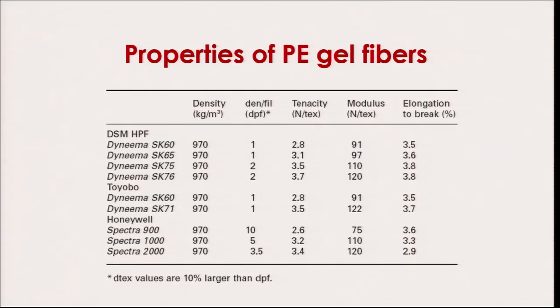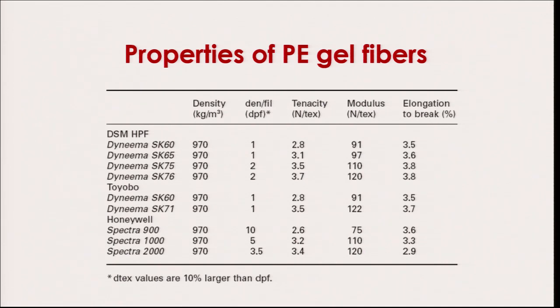Therefore, it can be used for such applications. If you look at the strength, it is pretty high, 2.8 to 3.7 Newton per tex, that means in the range of 3 to 3.5 GPa, which is very high, and a very high modulus.